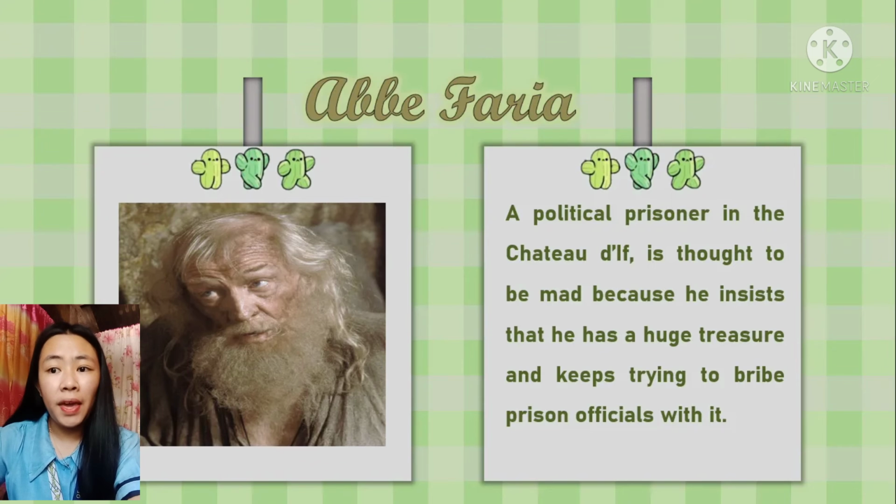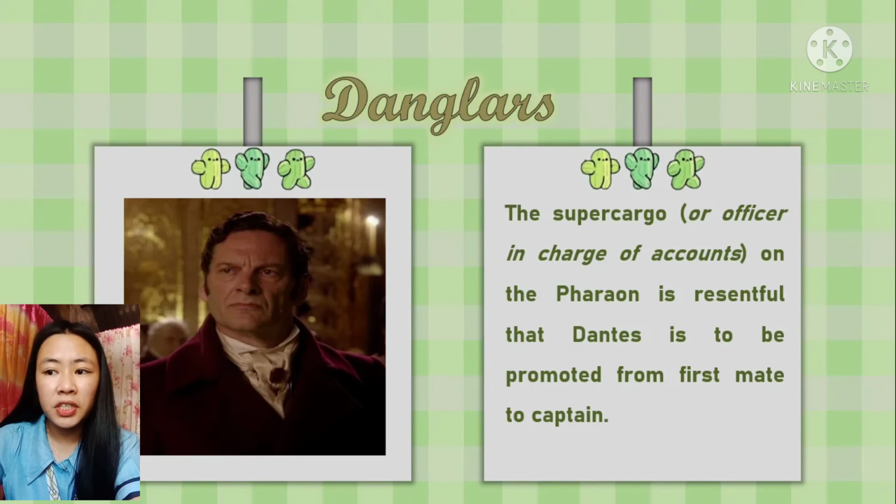Next one, we have Abbe Faria, a political prisoner in the Chateau d'If. He is thought to be mad because he insists that he has a huge treasure and keeps trying to bribe prison officials with it. Danglars, the supercargo or officer in charge of accounts on the Pharaon, is resentful that Dantes is to be promoted from first mate to captain.